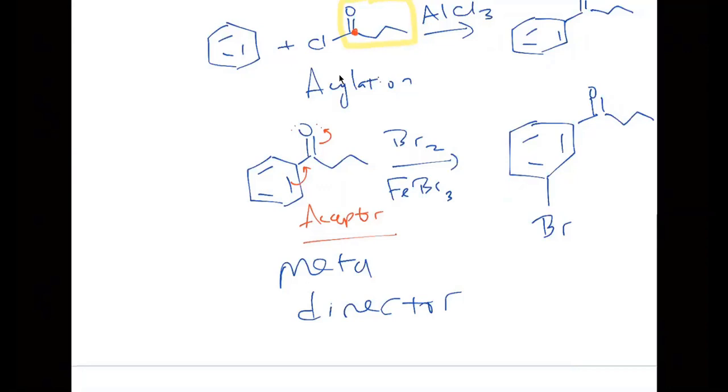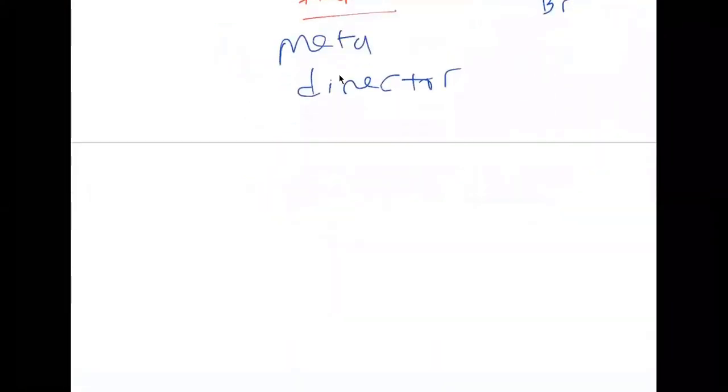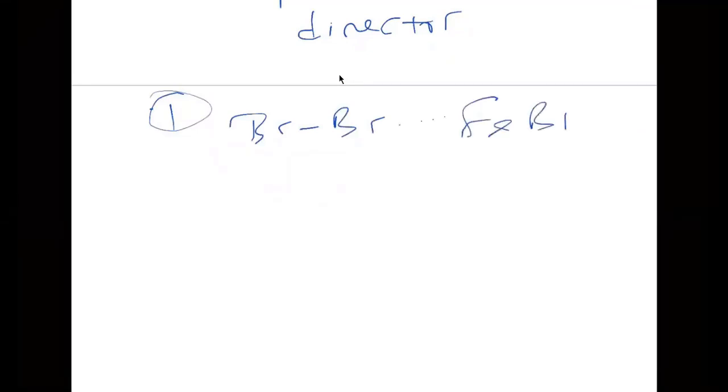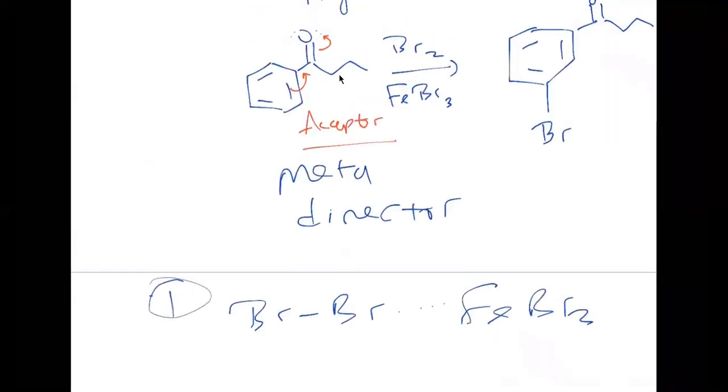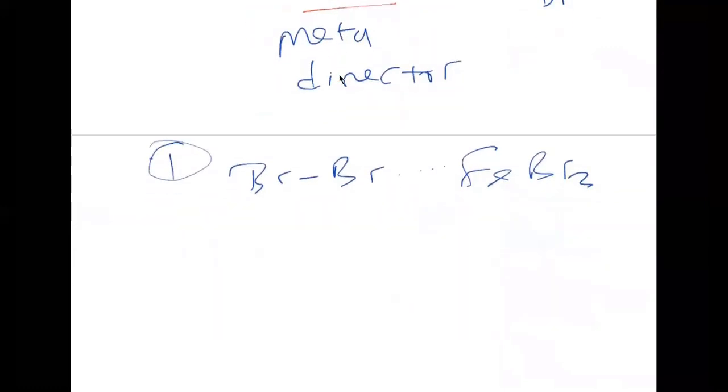Like with the bromine? So the mechanism is the same three steps, right? The bromine is going to coordinate to iron bromide. But the problem is, with the meta director, the reason we say it's deactivating is because the para and the ortho positions have no electron density there. Let me show you why. Let me do this first before we do the mechanism.